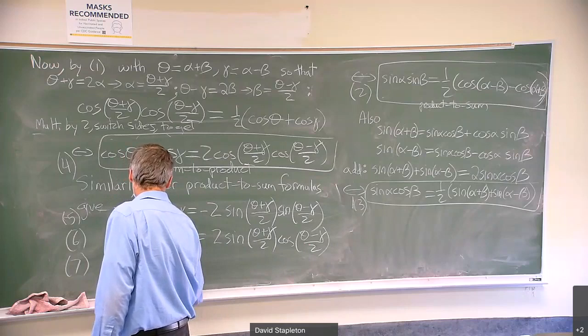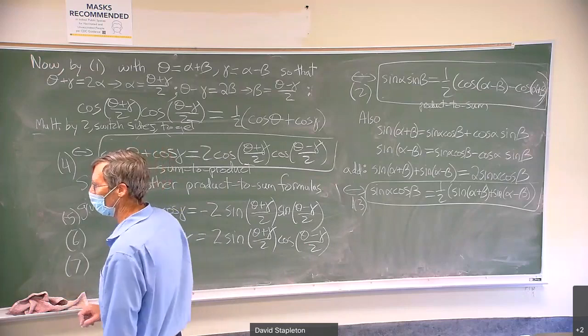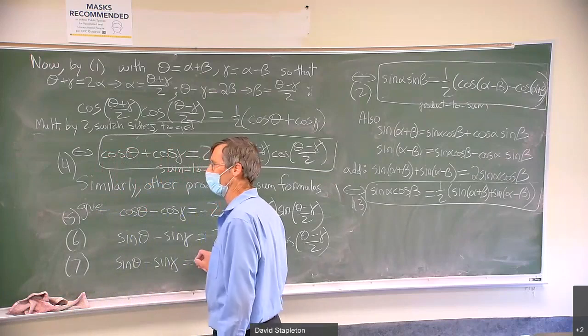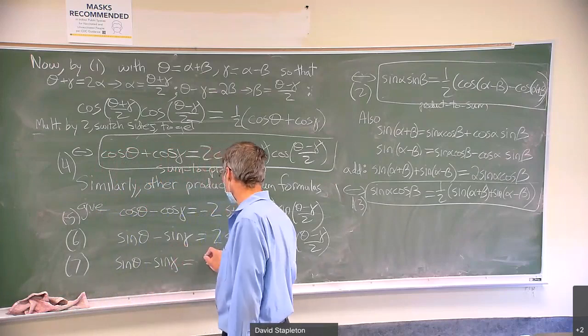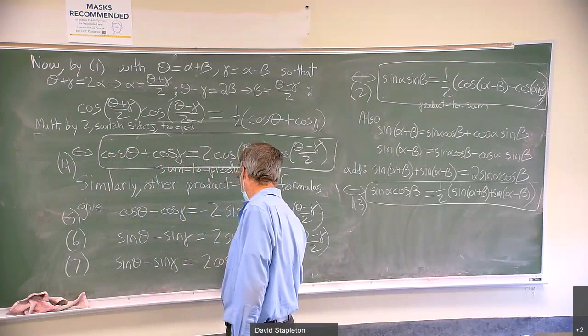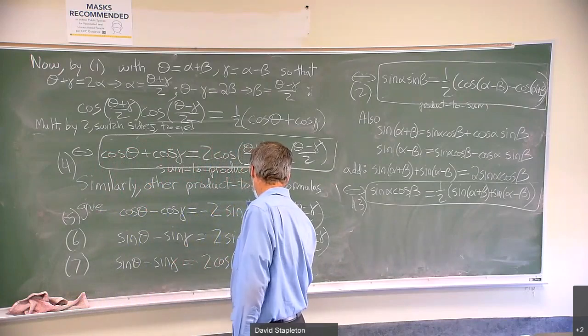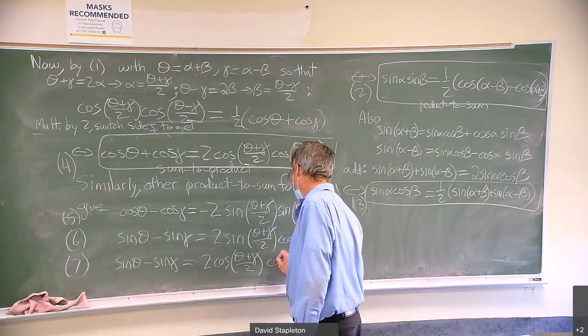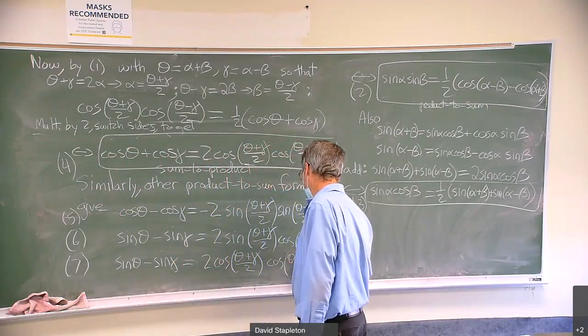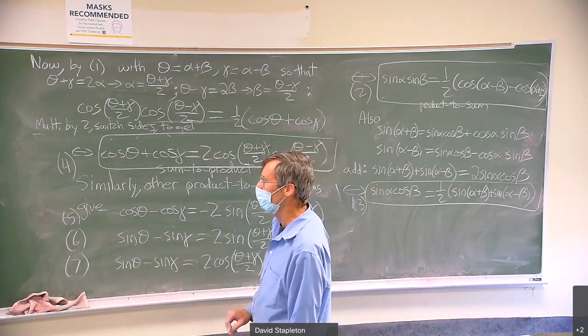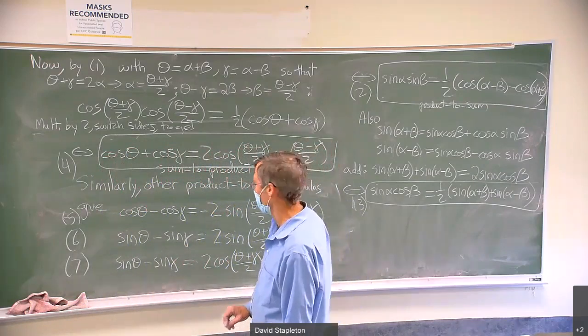So whenever you see a sum or difference of sines and cosines, realize that you can rewrite it as a product. And again, that's kind of fascinating, I think, and we're going to show why in just a second. This is twice the cosine of theta plus gamma over 2 times the sine of theta minus gamma over 2.